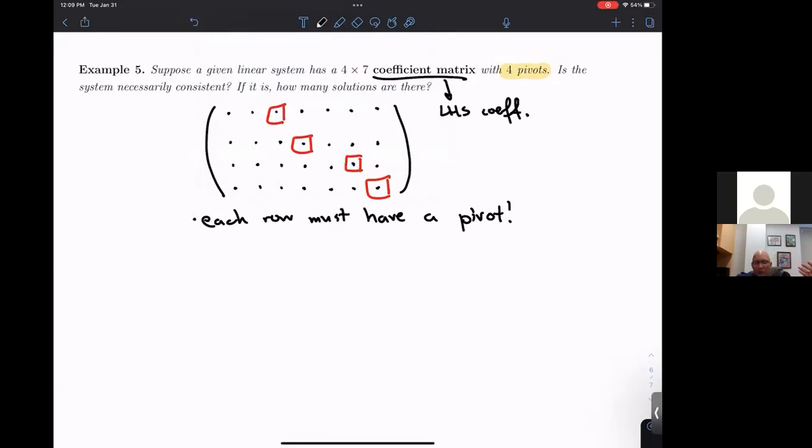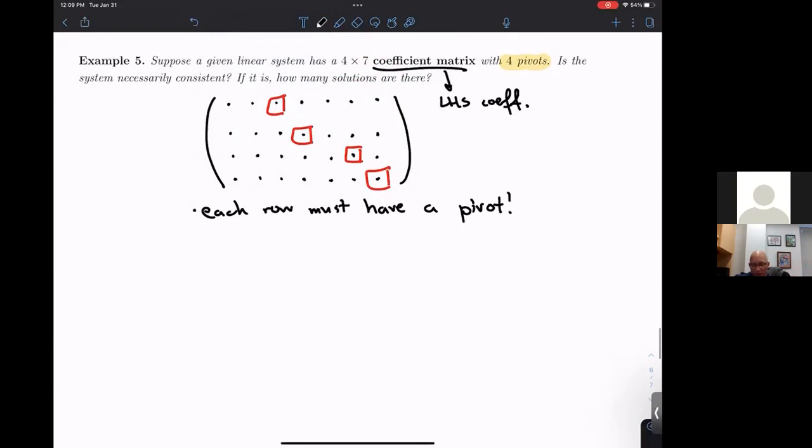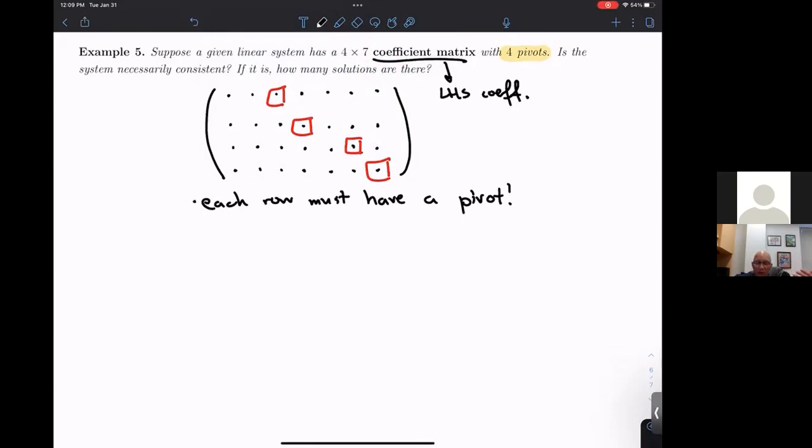Okay, so why is this an important observation? Well, it already helps us answer that first question: is the system consistent? The way I can figure this out is by, instead of thinking about this coefficient matrix, adding that right-hand side, the augmented matrix, right?